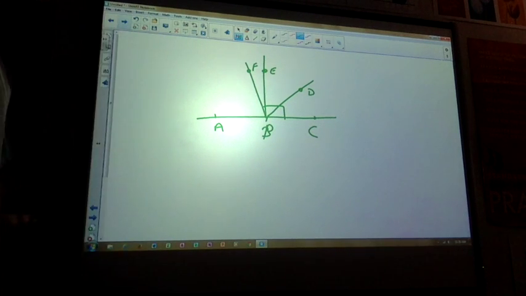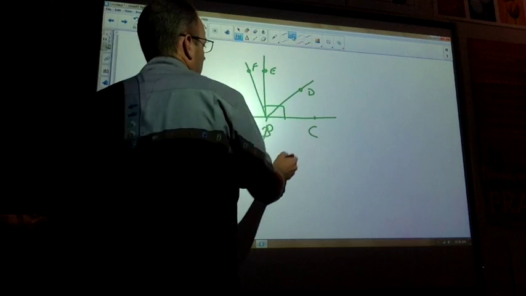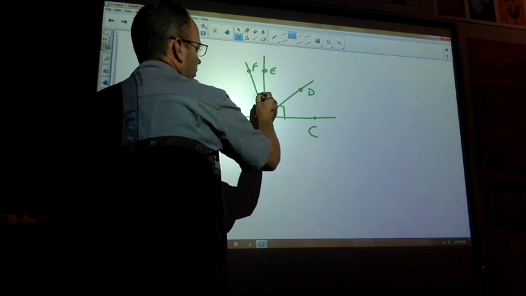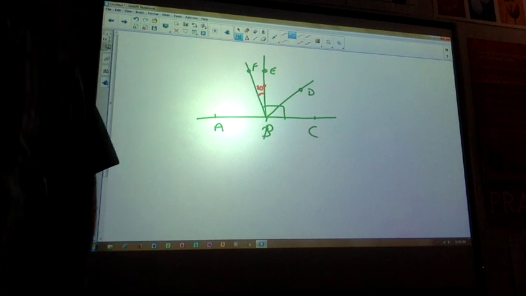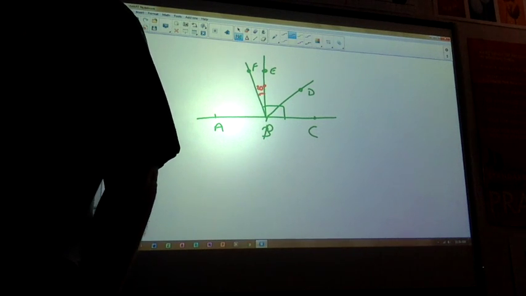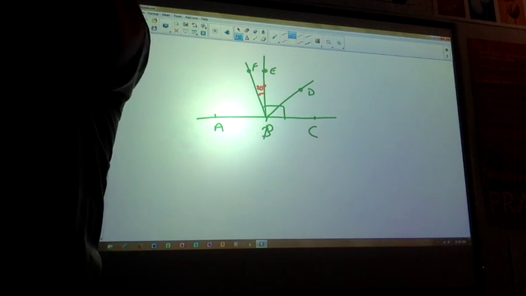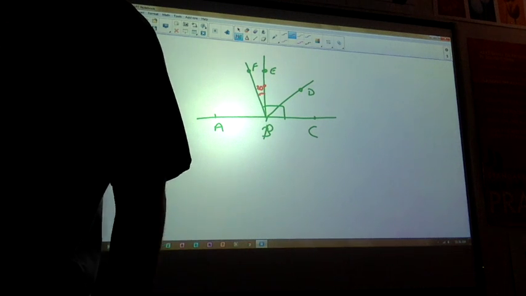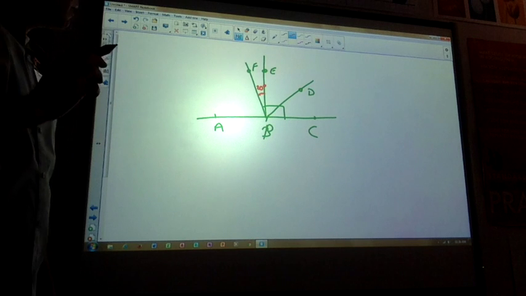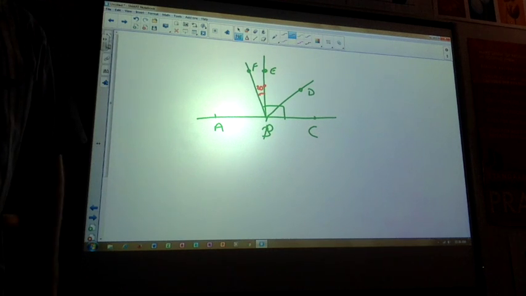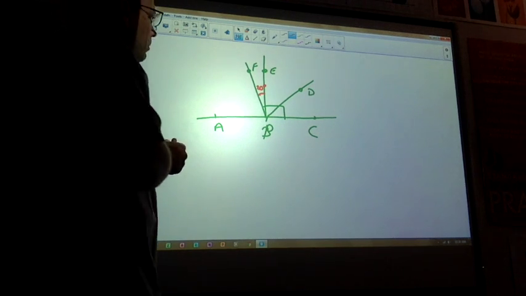All right, so if they tell us EBF is 20 degrees, is that what it told us? You can see that, okay. Squint if you can't. And BD bisects EBC.